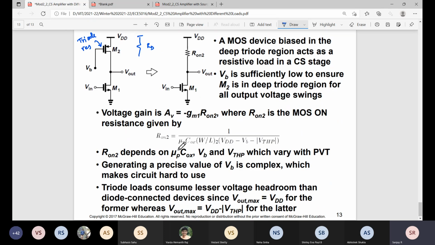The only problem is that this triode resistor varies with the process parameters mu P C ox and can vary with the threshold voltage, so there will be significant variation. So we need to put some closed loop feedback circuit to make the Rn constant. That's a problem because Rn varies with device parameters and temperature, since threshold voltage and mobility also depend on temperature. That's the only thing we need to notice.